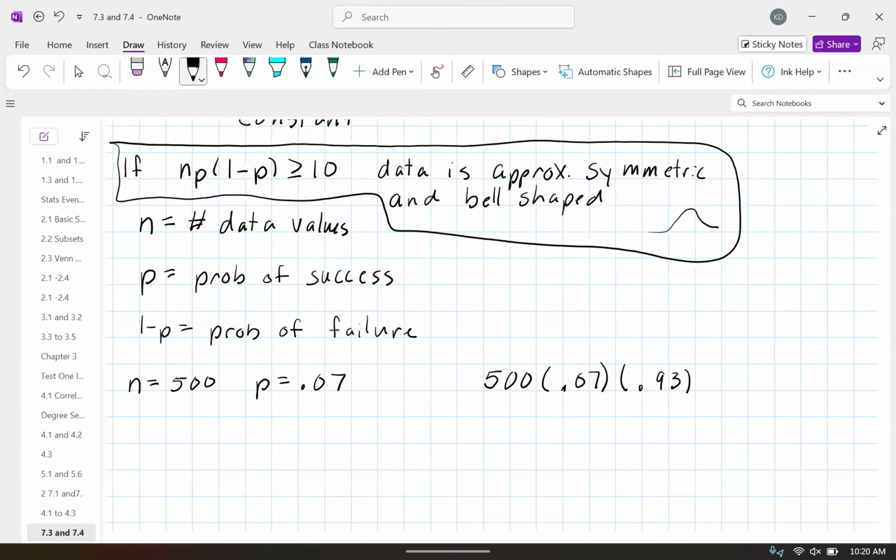And I'm not doing this part in my head because I don't want to. 500 times 0.07 times 0.93. I get 32.55, which is definitely bigger than 10. So our data here is approximately normally distributed. Works well enough for us.